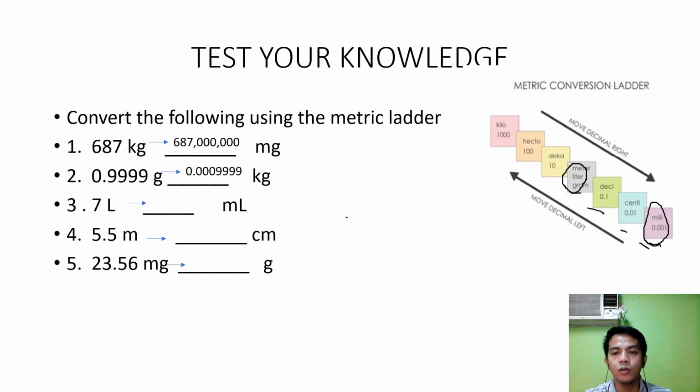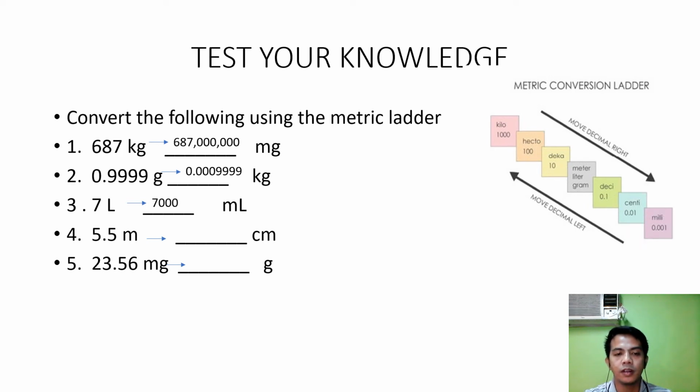So we need to move the decimal place from left to right. So 3 times. So 7. This is the decimal place. So 1, 2, 3. So we need to move 3 times. So 1, 2, 3. So the answer is 7,000 milliliters.